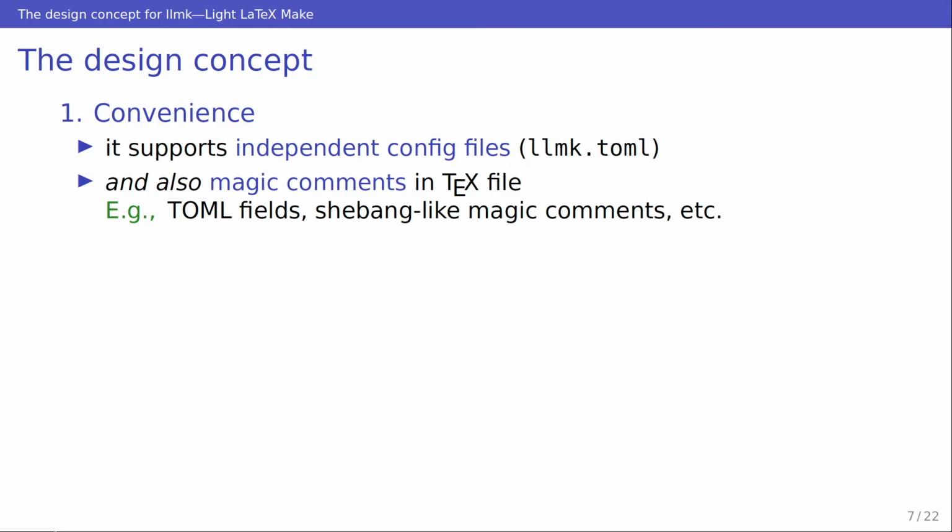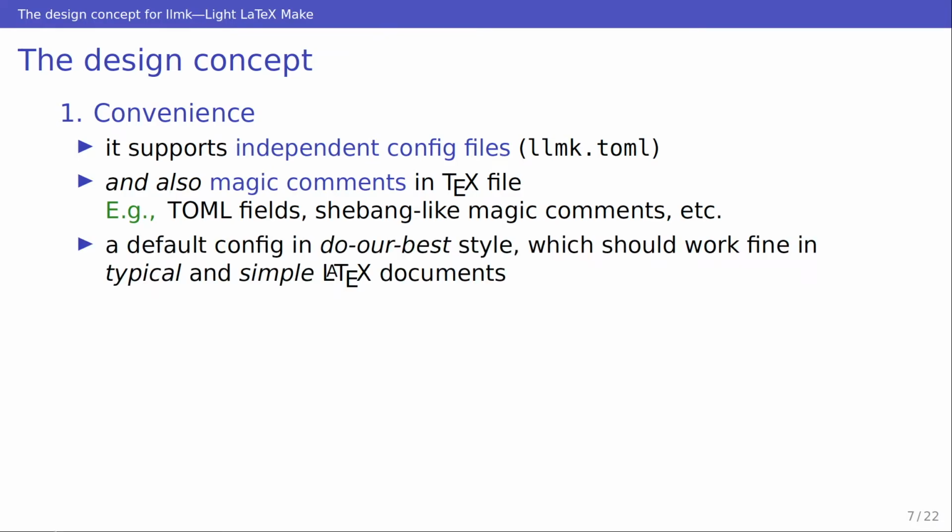I will describe these in detail later. And the default configuration of llmk is a do-our-best style, which should work fine in typical and simple LaTeX documents. So for LaTeX documents which are typical and simple enough, you don't have to write any configuration at all.